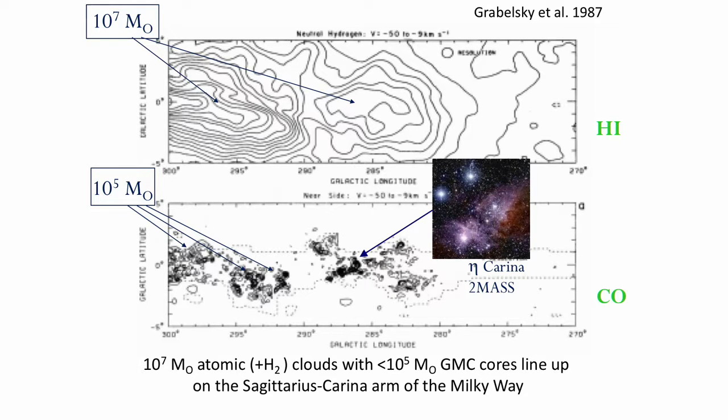Here's a big H1 region, here's another big H1 region. All the molecules are concentrated in these big H1 regions. Eta Carina, a GMC, it's just a little tiny blob here, 10 to the 5th solar mass, inside a big blob, 10 to the 7th of atomic. So there's a hierarchical structure. The molecules hardly mean anything on this scale.